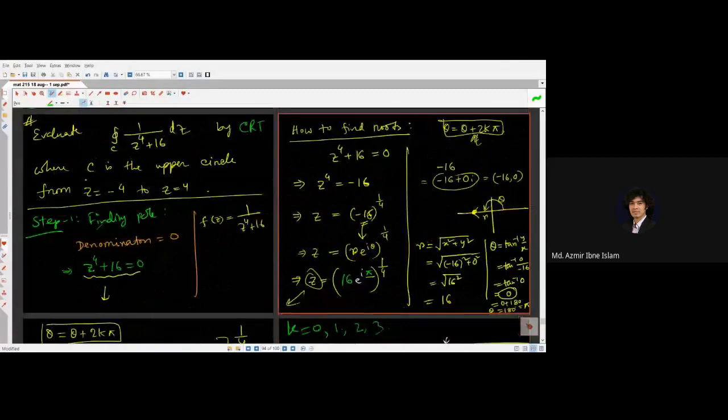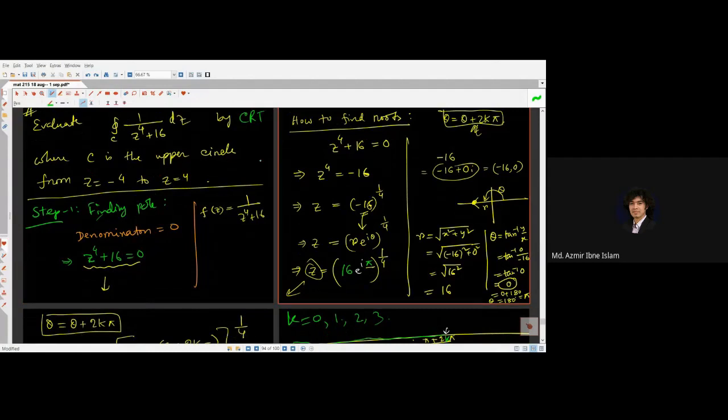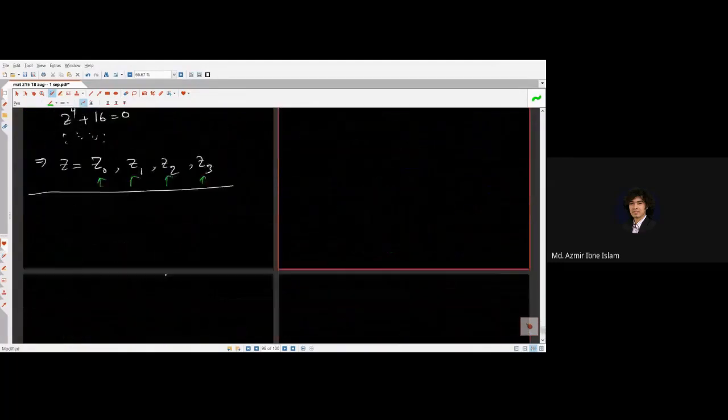So now focus on the contour. What contour do we have? We have the upper circle, from z equal to -4 to z equal to +4. If you draw this, this is z equal to -4, z equal to +4. So we have the upper circle. Is that okay?